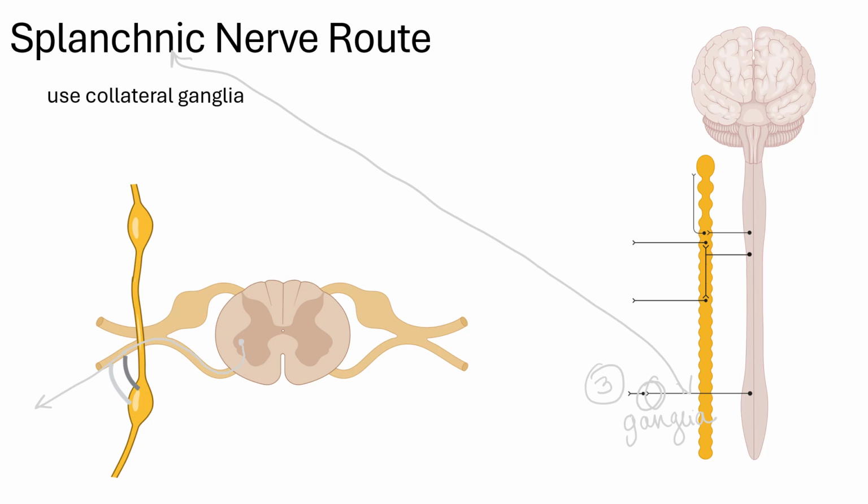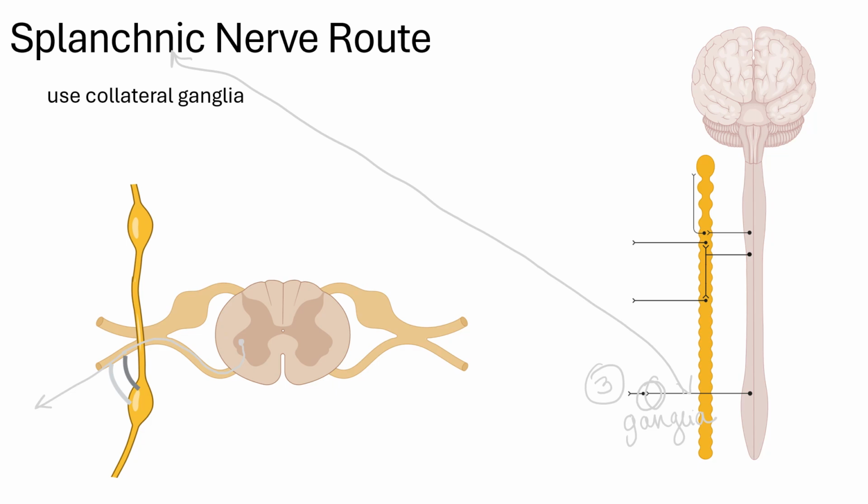When the myelinated preganglionic fiber reaches the collateral ganglia, it synapses with an unmyelinated postganglionic fiber. That's when the postganglionic fiber travels all the way to the target organ and it releases acetylcholine or epinephrine.